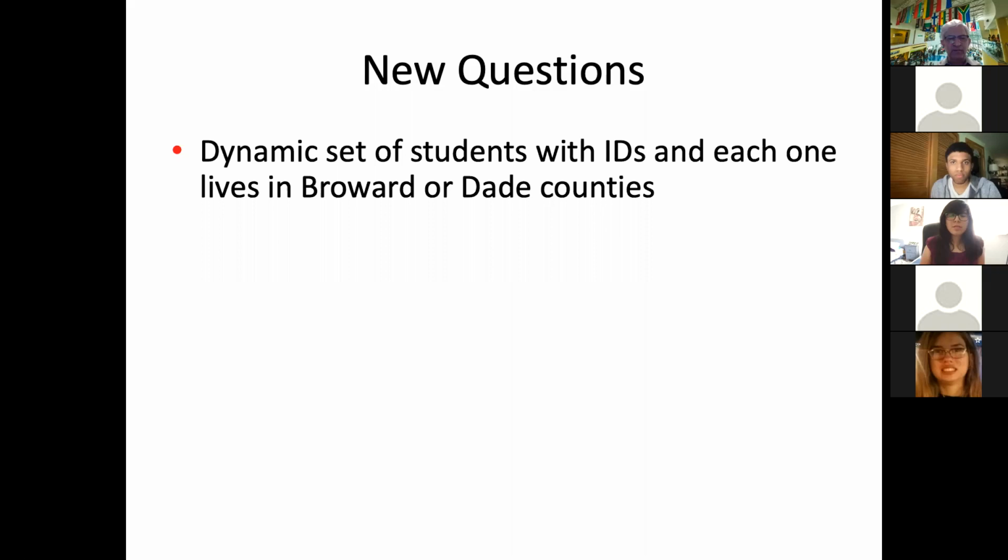Let's say that I have a set of students, and I've been given their ID numbers, and the students either live in Broward County or Dade County. So let's say each student has an address that's either Broward County or Dade County. And let's assume, just for the sake of argument, that other counties are not in this class.